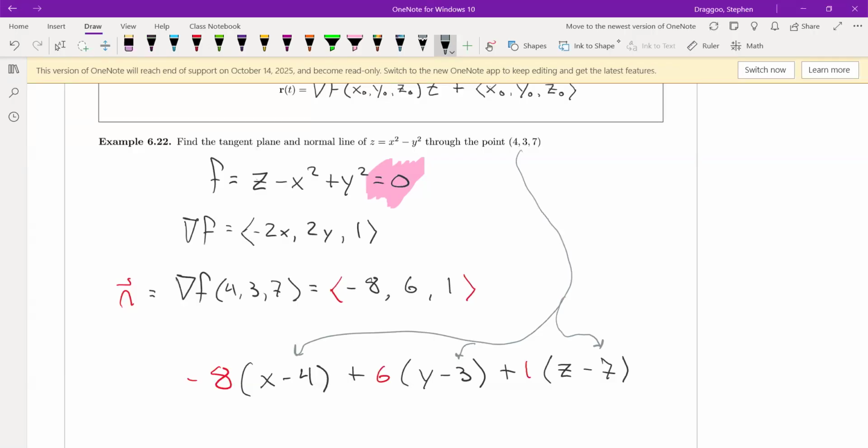And keep in mind that I'm taking that point and plugging it into the plane equation. Of course, I'm forgetting a rather critical step for the equation of a plane, and that's setting it equal to something. So let's set it equal to 0.